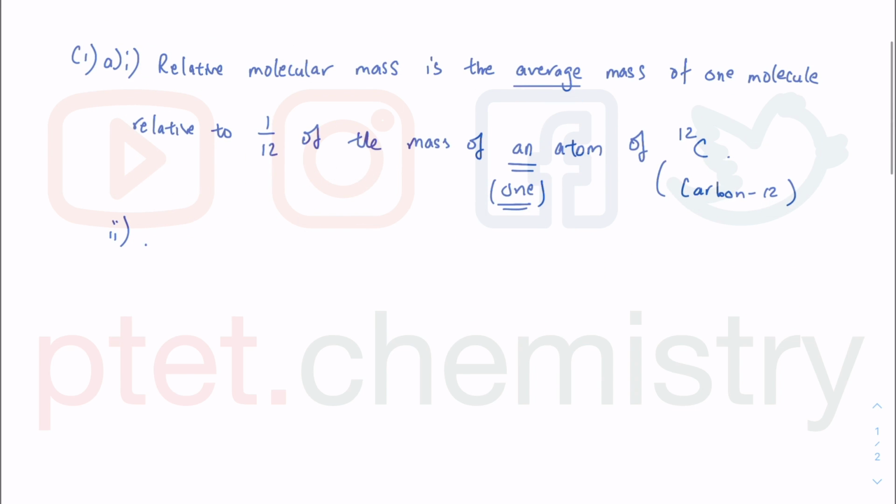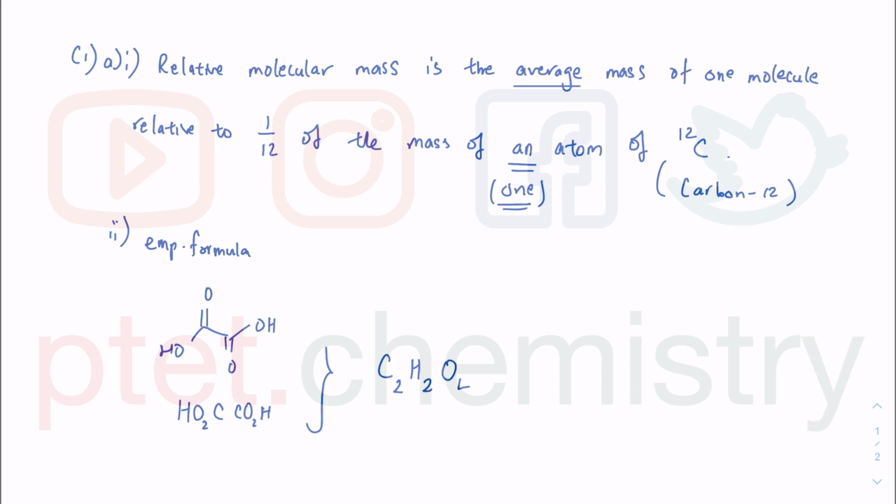Next up, state the empirical formula. So empirical formula is defined as the simplest whole number ratio of atoms. So what we have here is ethane dioic acid. You will know I'm a big fan of drawing skeletal formula. The structural formula is as given, HO2C and CO2H. Total up the number of carbon, which is 2. Total up the number of hydrogen, which is 2. Total up the number of oxygen, which is 4.